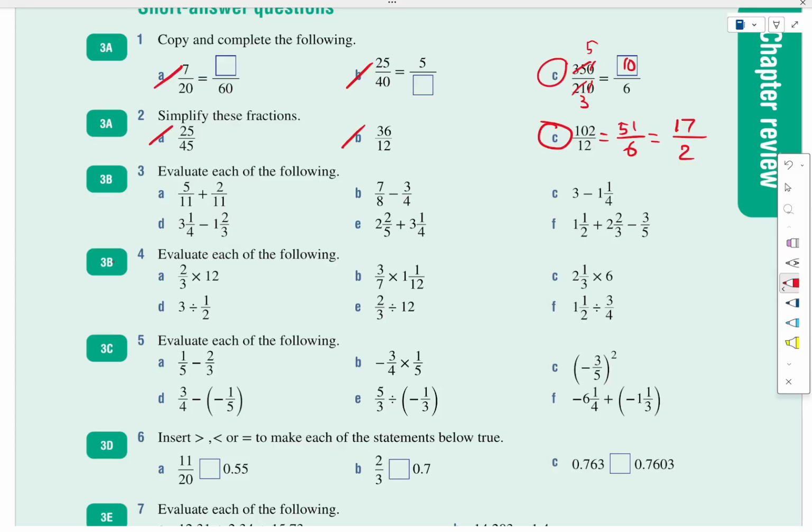Now, question 3A. 7 over 11. Yep. 3B. 1 over 8. Good. 3C.